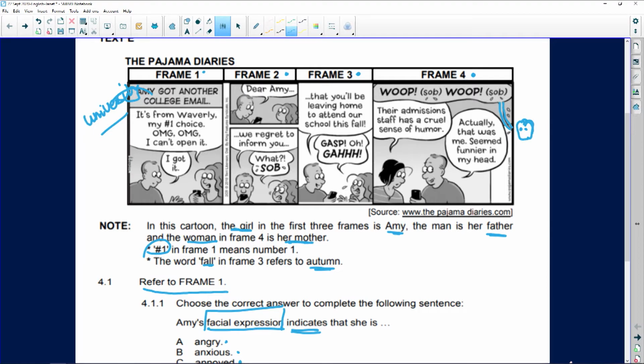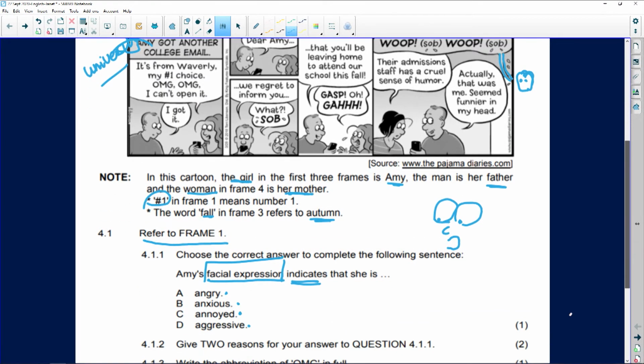Okay, lovely. So her facial expression. She's holding the phone. She's got this expression. Big eyes like that, and her pupils are down here. Her little nose, and then the mouth looks like that.